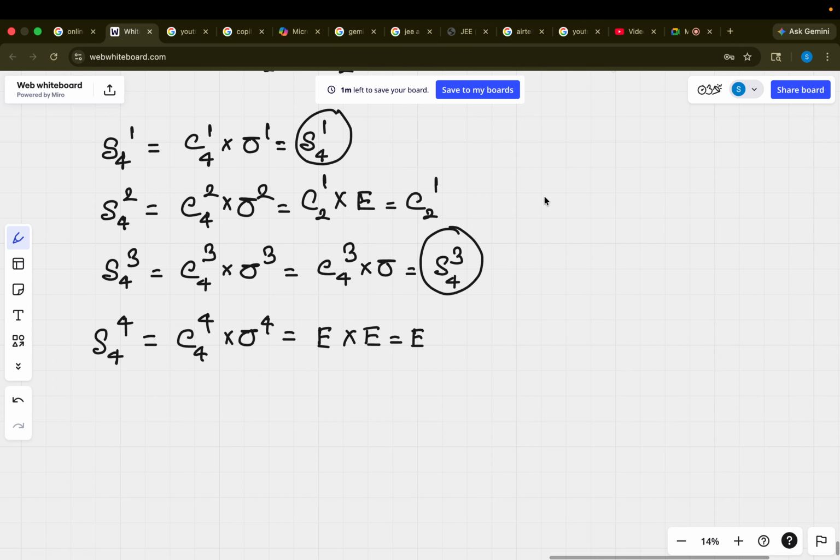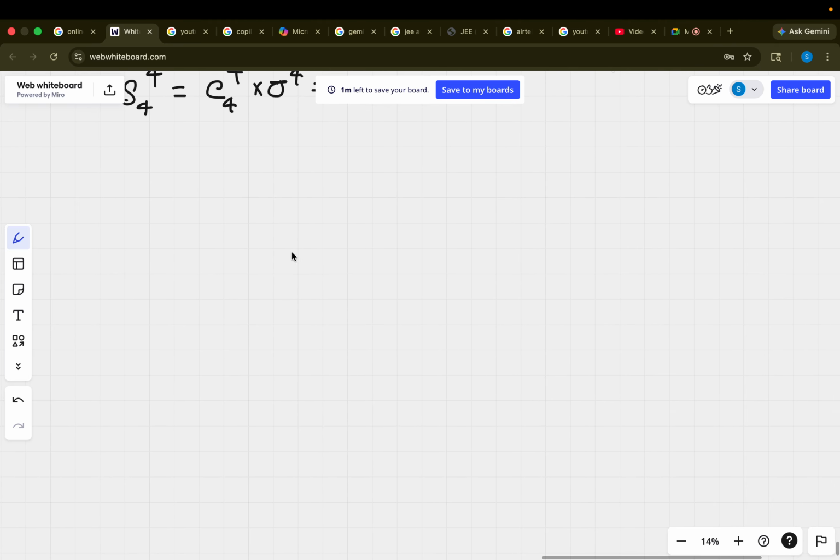So the number of operations will be 2 in your S4. Okay, in your S4 the number of operations will be 2.